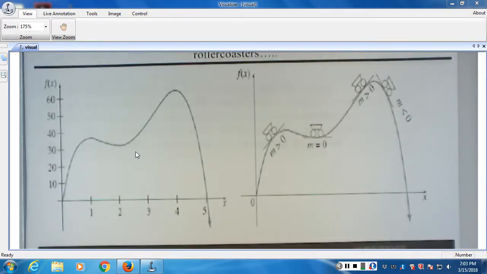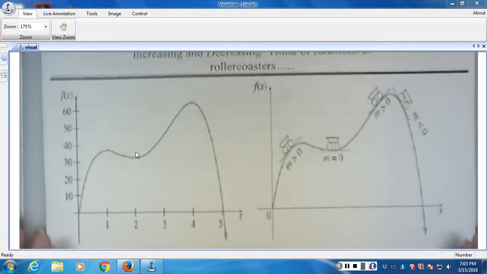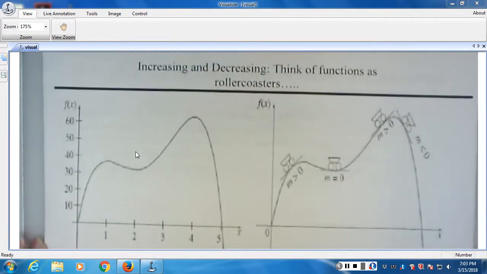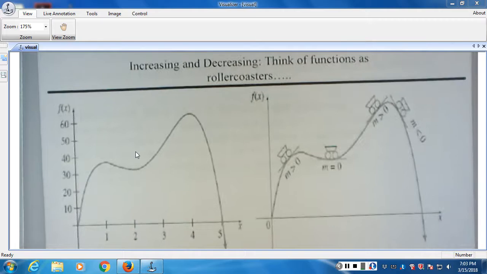The other thing that I wanted to tell you is that I want you to think about finding increasing and decreasing functions, and this language sometimes is a little easier to understand if you think of the graph of your function as a roller coaster. Because on your roller coaster here, you start out the ride here.